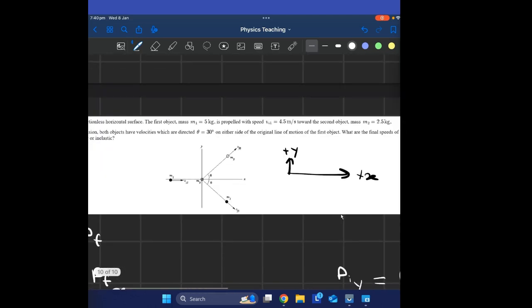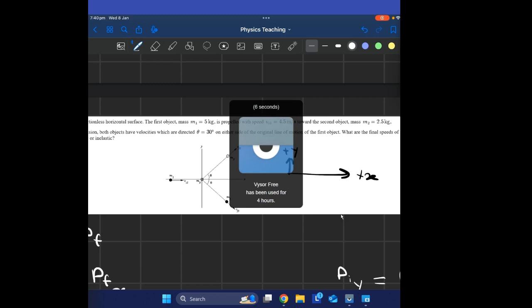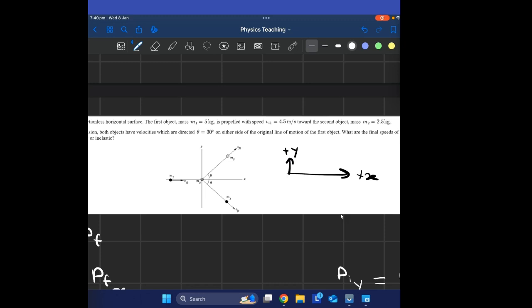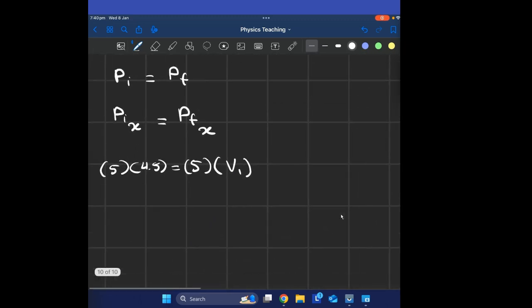And how we actually separate this downward vector into just the horizontal component is we use trigonometry by building a right angle triangle like this. If the hypotenuse is this, the hypotenuse times the cos of this angle is going to be this. So then we can say that is going to be cos 30.